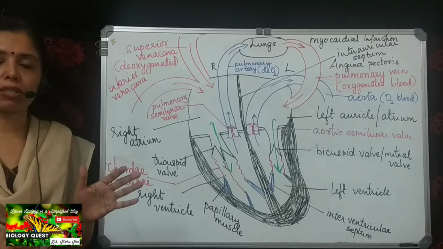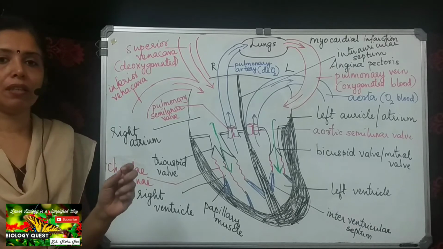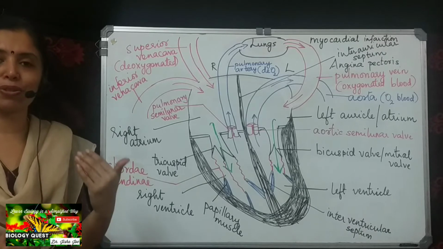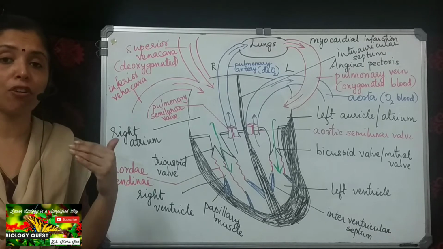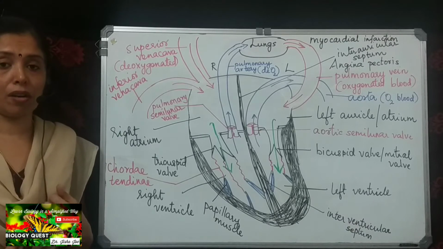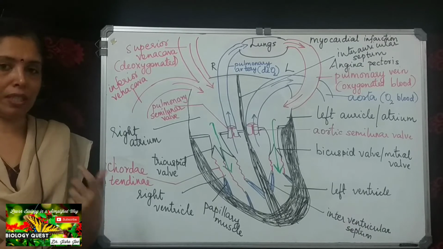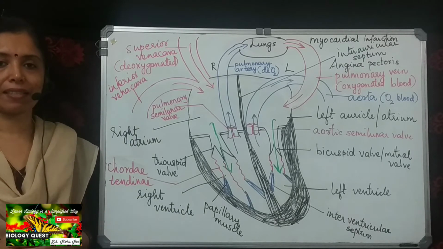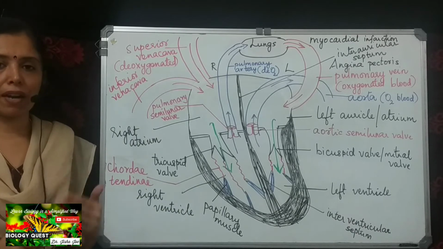Angina pectoris is caused due to the insufficient supply of blood to the heart muscles. Chest pain occurs, and this condition is called angina pectoris. It occurs during severe exercise, after running and all.